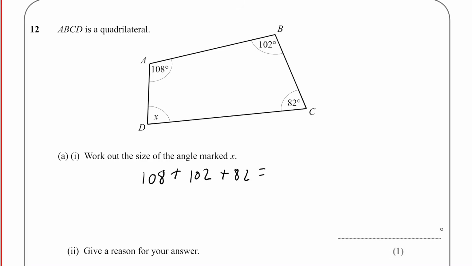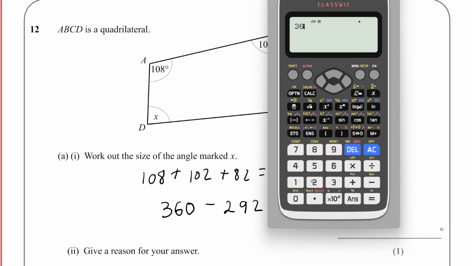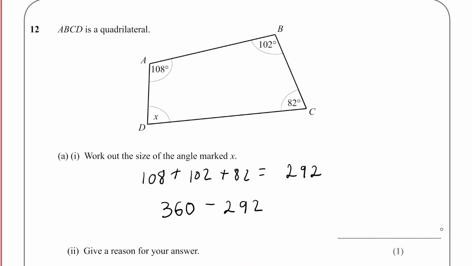It's 292 degrees. Angles in a four-sided shape add up to 360 degrees. So 360, take away that answer, is 68 degrees. So x must be 68 degrees.